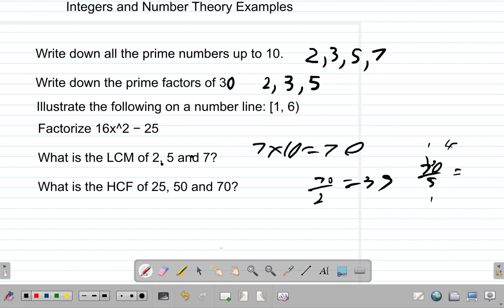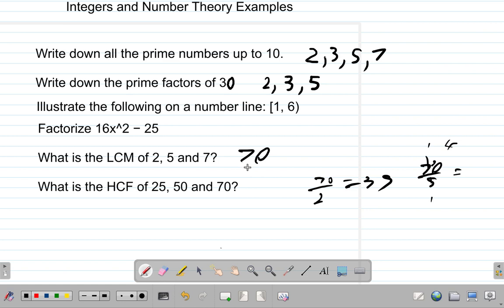So 70 is a multiple of 2, it is a multiple of 5, and 7 into 70 goes 10 times, so it is a multiple of 7. It's a common multiple of each of these numbers. So the lowest common multiple of 2, 5, and 7 is 70. So the answer here is 70.